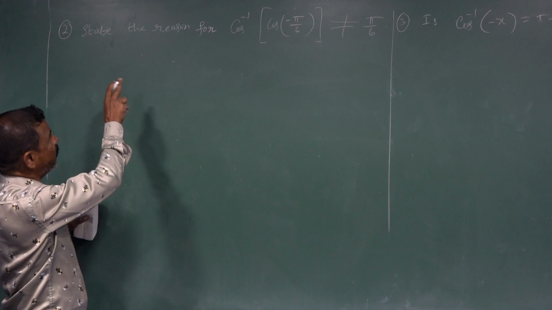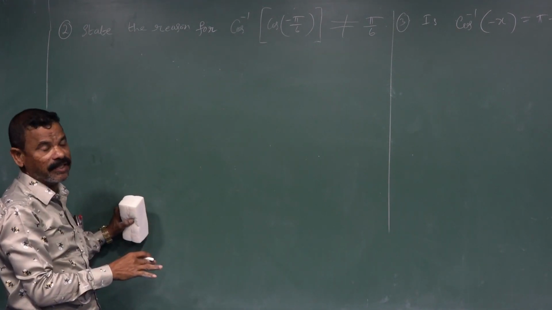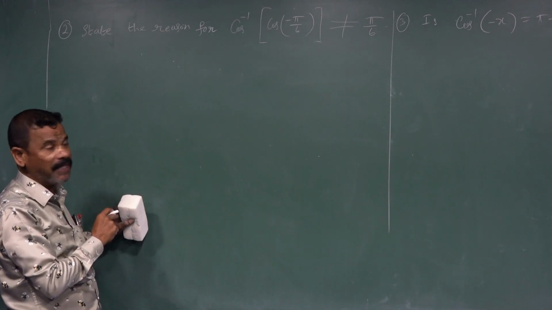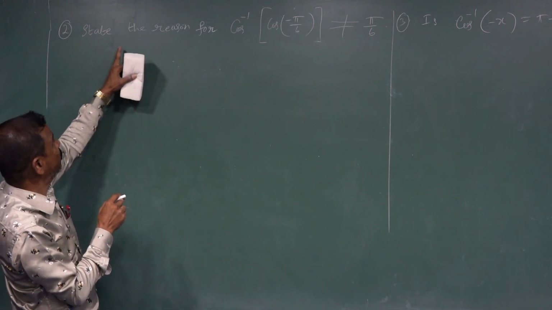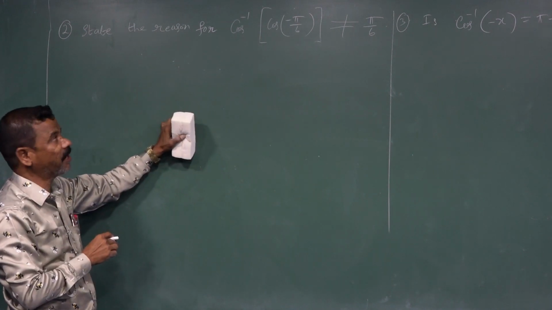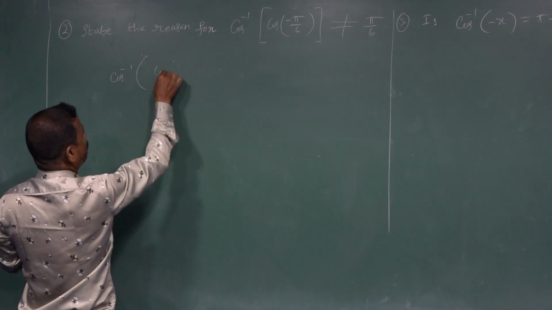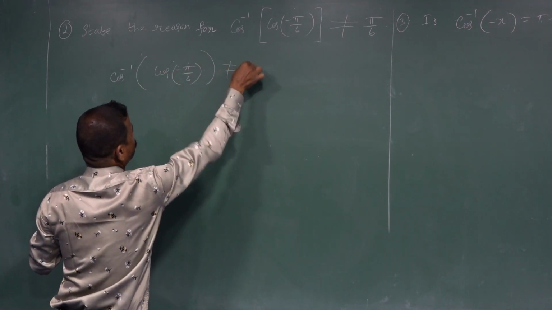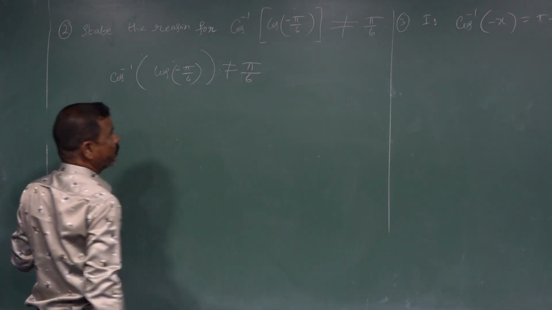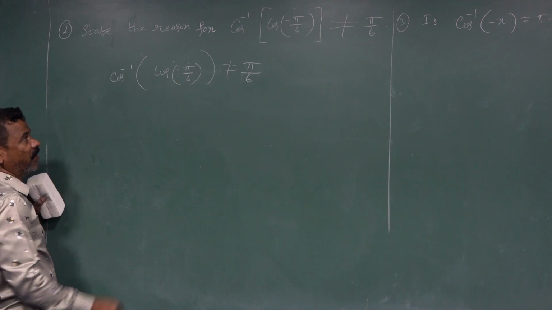Here, state the reason why cos inverse of cos of minus 5π/6 is not equal to 5π/6. He is asking the reason. What is the reason? Cos inverse of cos of minus 5π/6 is not equal to 5π/6. Is it correct or not? Not correct. Why? That is the reason.